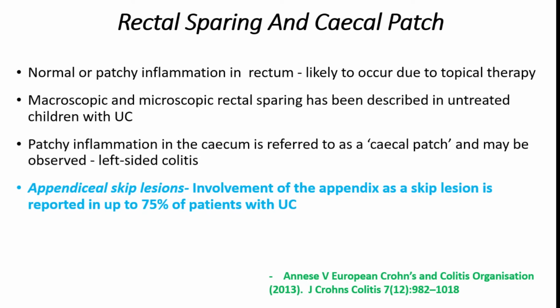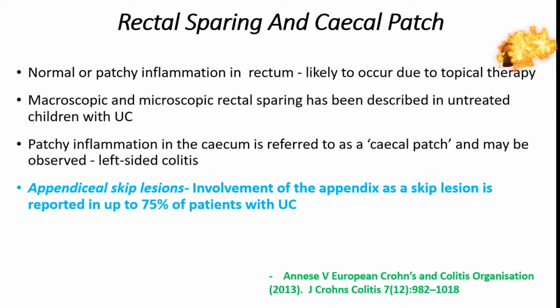As I said, rectal sparing in ulcerative colitis is not expected because the disease is continuous, confluent and concentric, always starting from the anal verge. Normal or patchy inflammation of the rectum can be seen if the patient is already on treatment like topical corticosteroids or topical mesalamine.